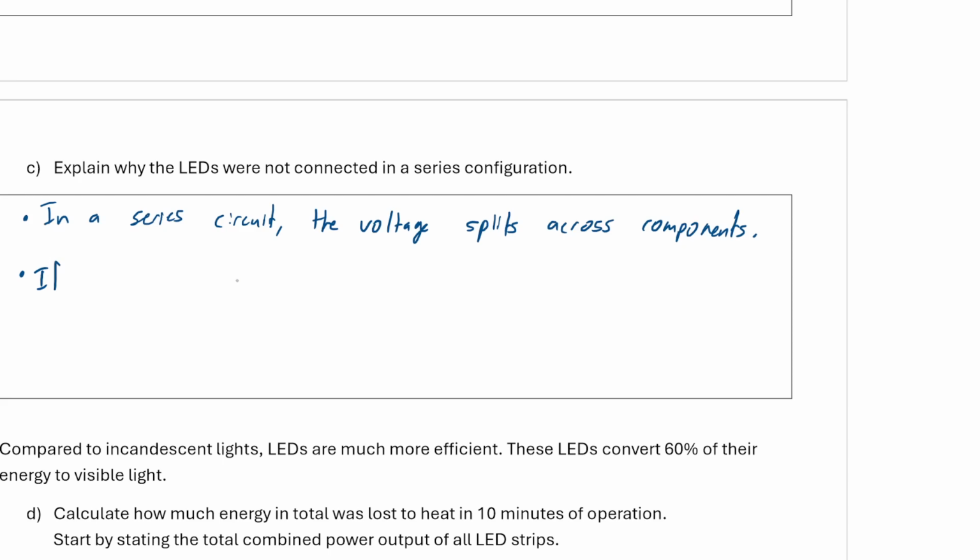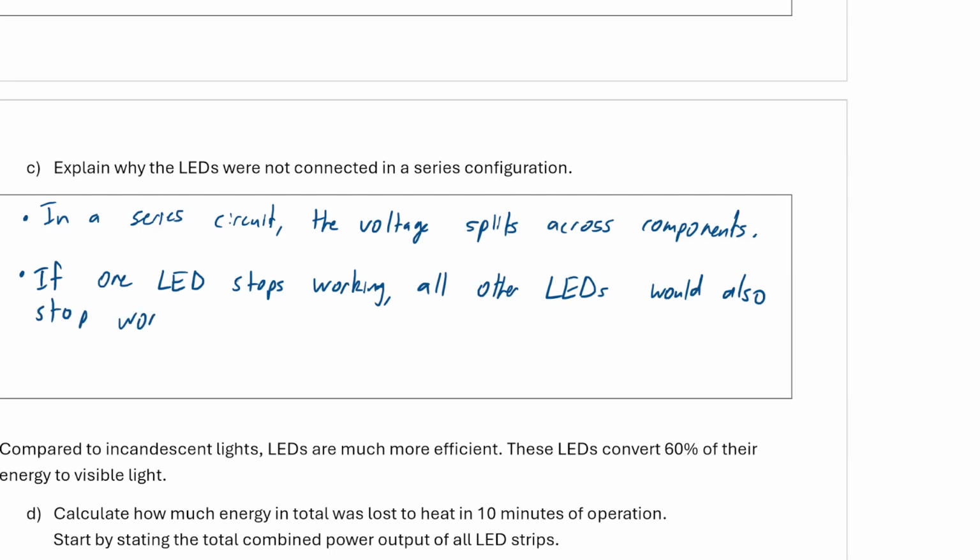So we could say if one LED stops working, all other LEDs would also stop working. Right, and this is because there is only one path for current to flow.